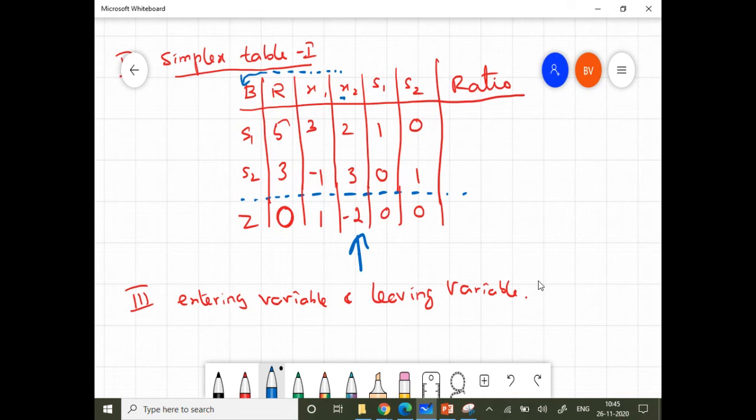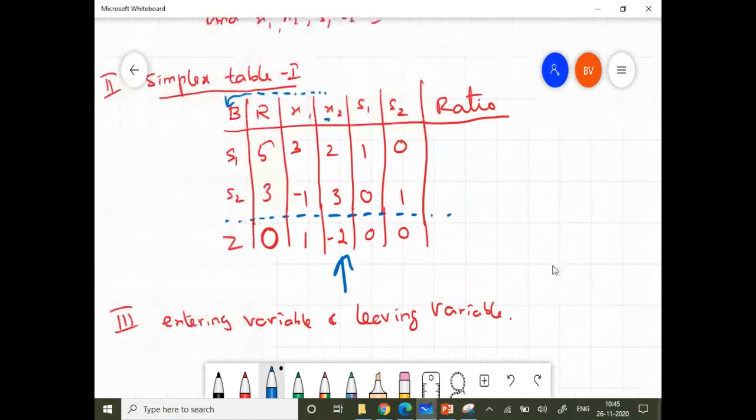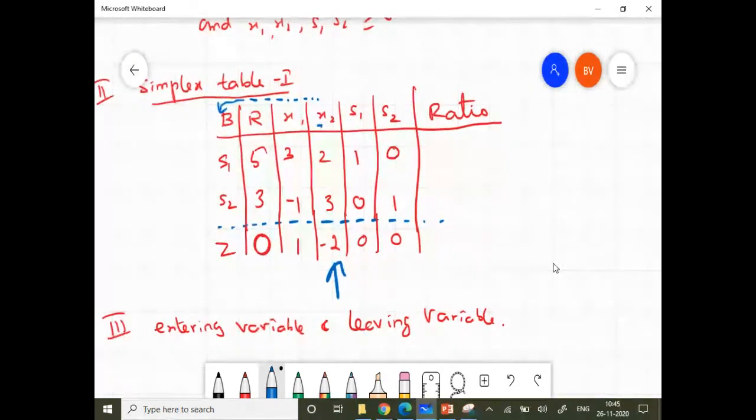Someone has to move now. How to find them? The formula for ratio is R over the same column, R over x2. If the entering variable is x1, we will write the formula R over x1. If the entering variable is s1, I will write R over s1.